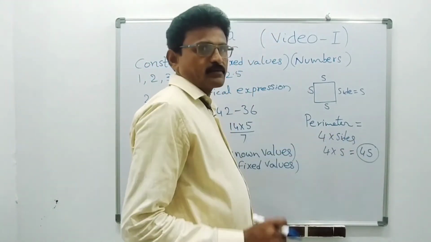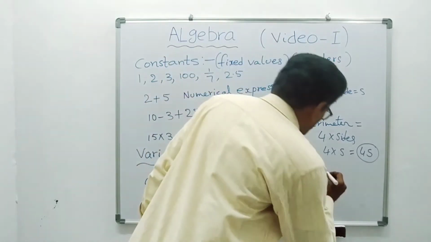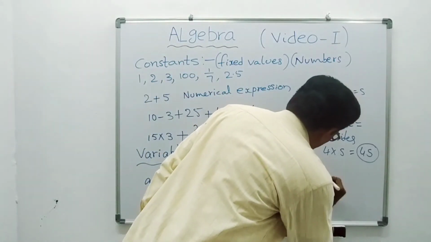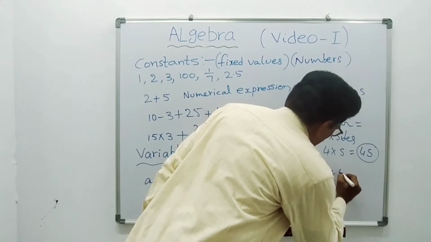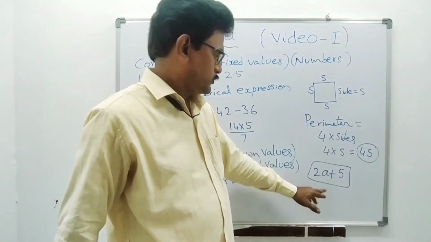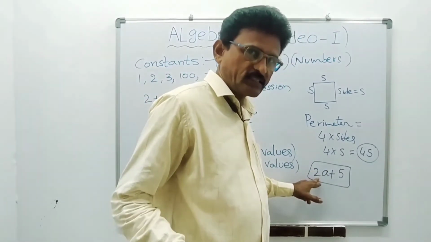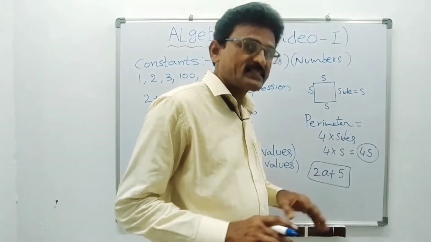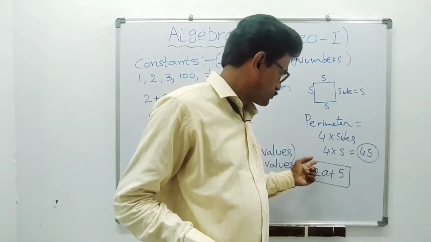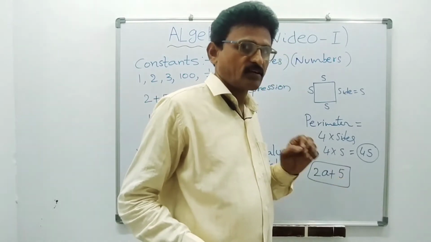For us it is a literal term. Now I am writing one point. Suppose 2a plus 5. See, here a is a variable, 2 we know is a number. But 2a is again variable, it means 2a is a literal term. But 5 is a constant term.